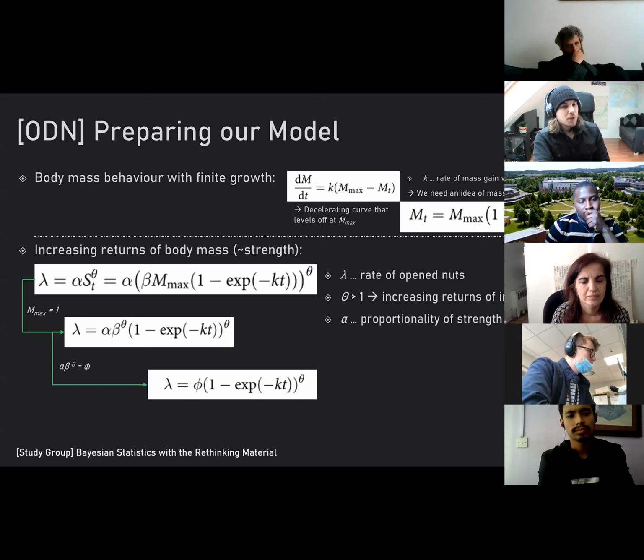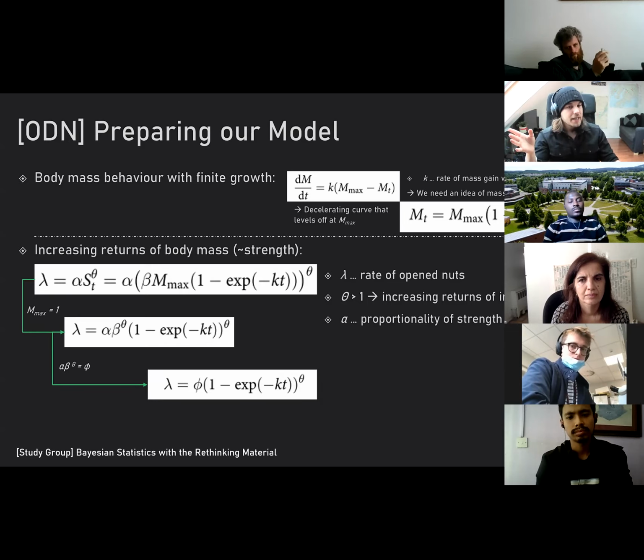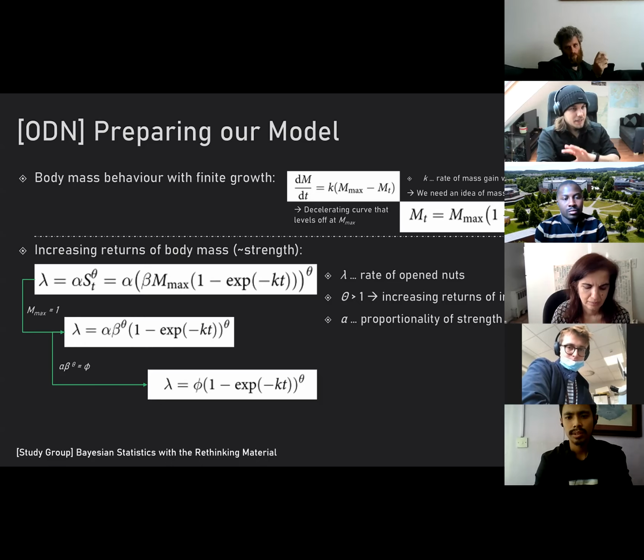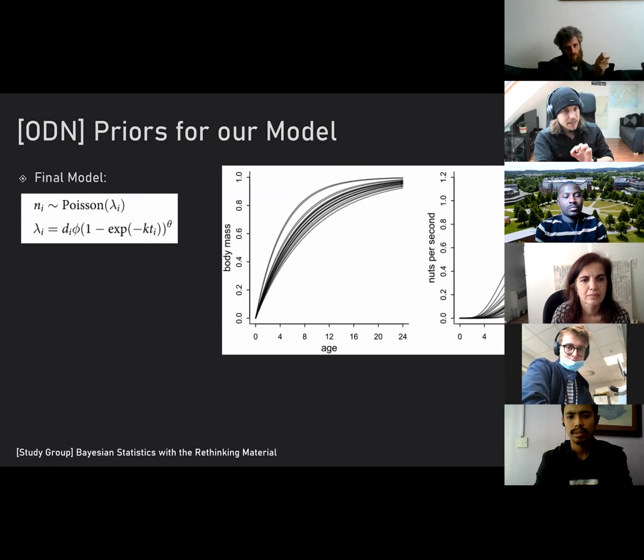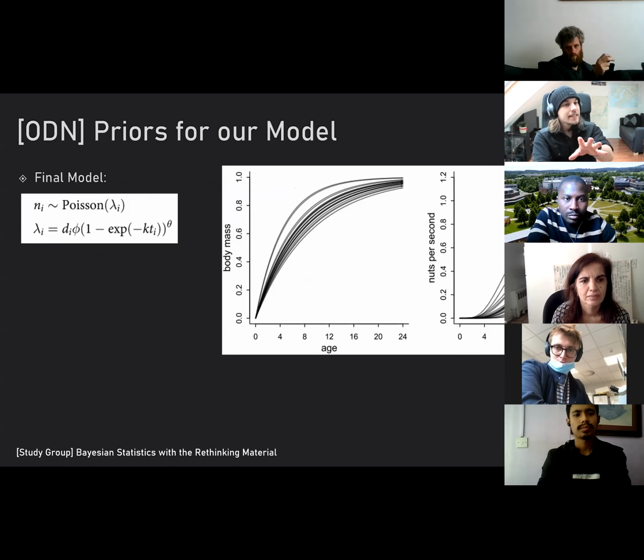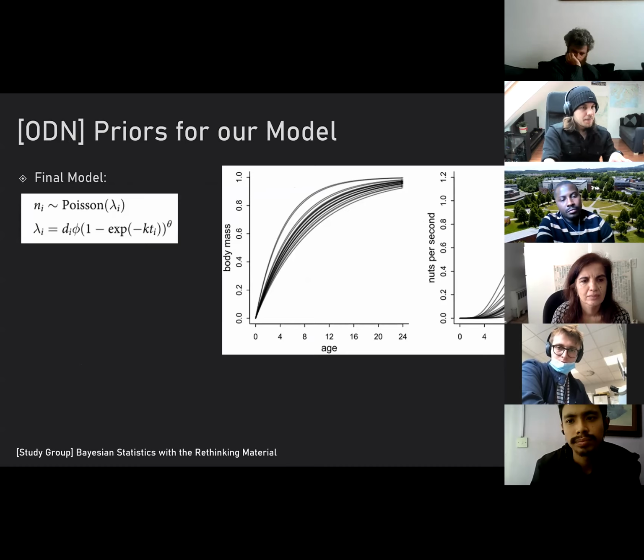To simplify this somewhat further, we can take this block of alpha times beta to the power of theta and put that into a new coefficient, which we call phi. And we'll see how all of this comes together on the next slide, where we now look at some prior simulations. Here's our model, and we want to settle on some priors.